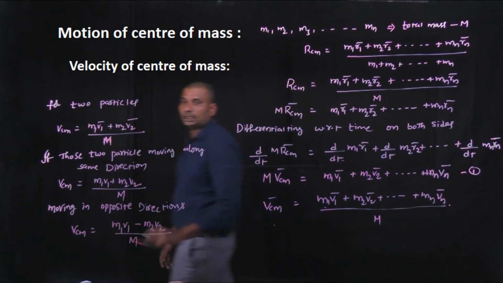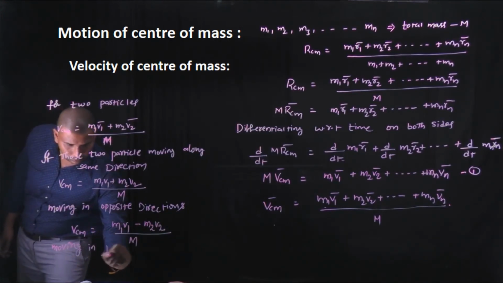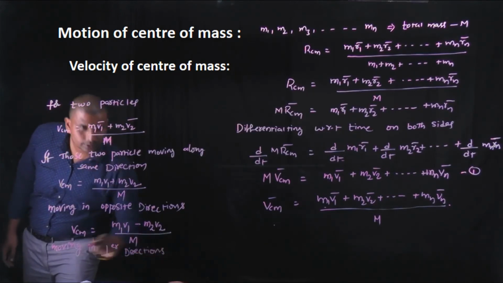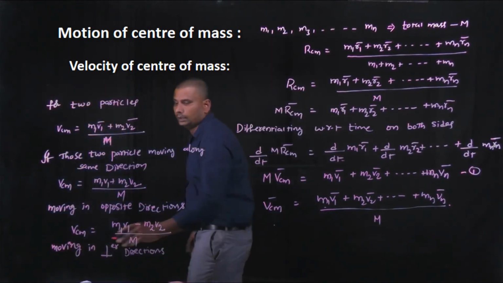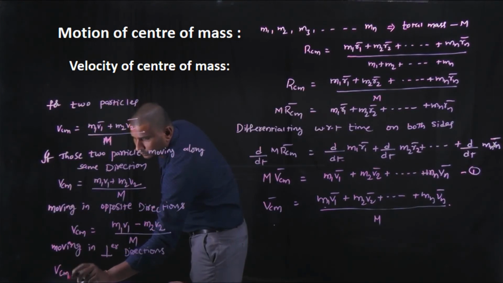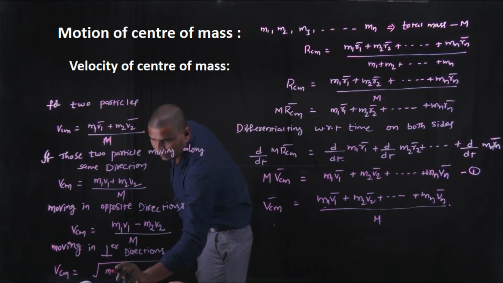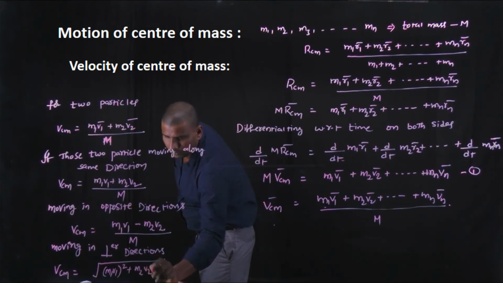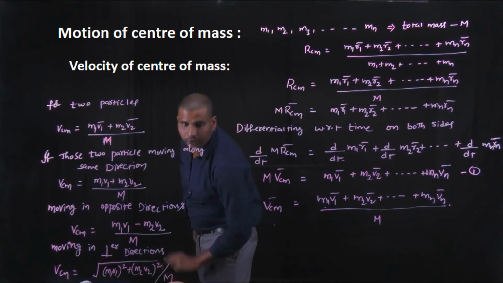If those two particles are moving in perpendicular directions, then the velocity of center of mass is under root m1 v1 square plus m2 v2 square by the total mass of the system.